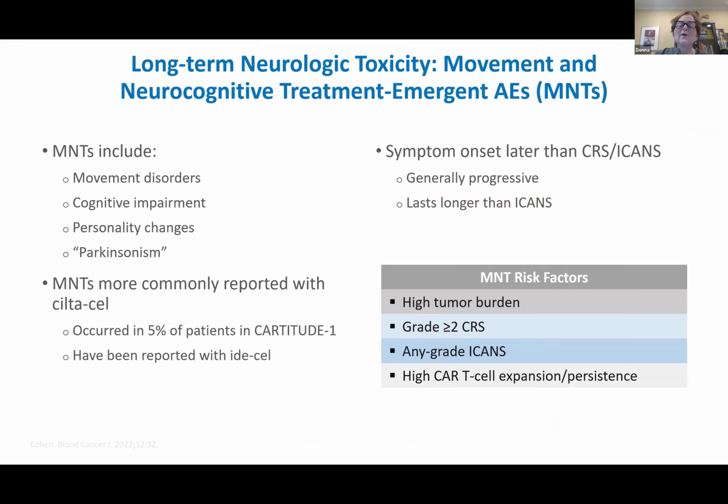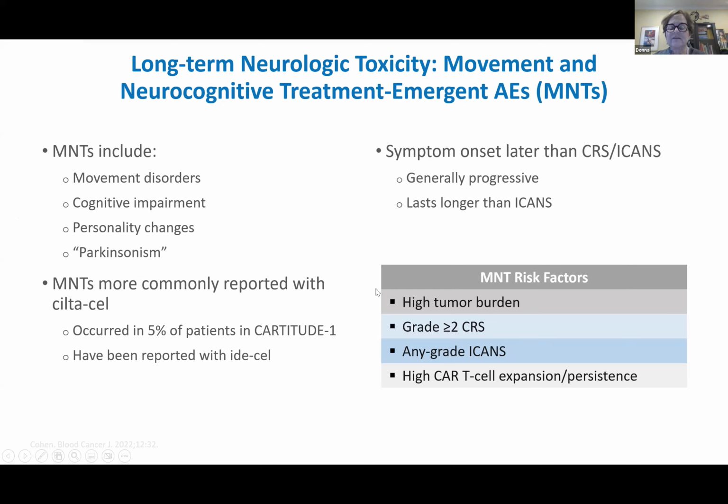The weirder side effect, if you will, seen with Cilta-cel was the more Parkinson's-like. In the initial CARTITUDE study that was done after a median of 6 lines of treatment, it was 5% of patients, and it may not respond to anything.